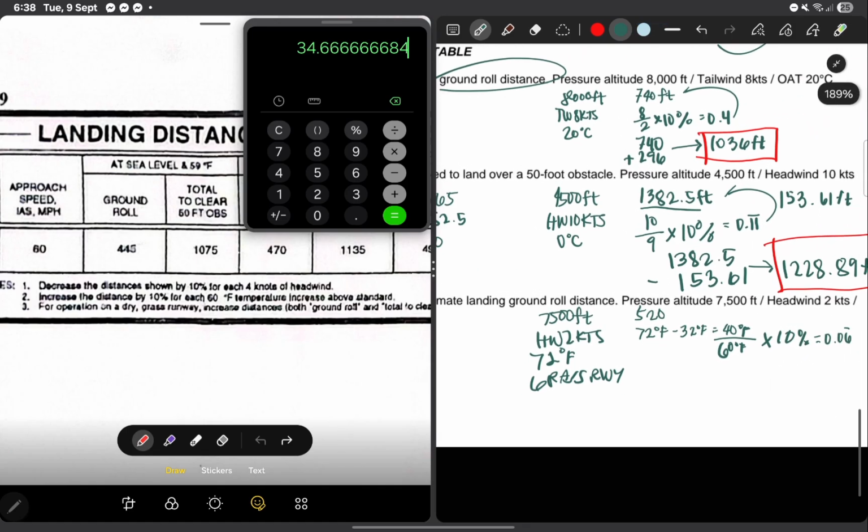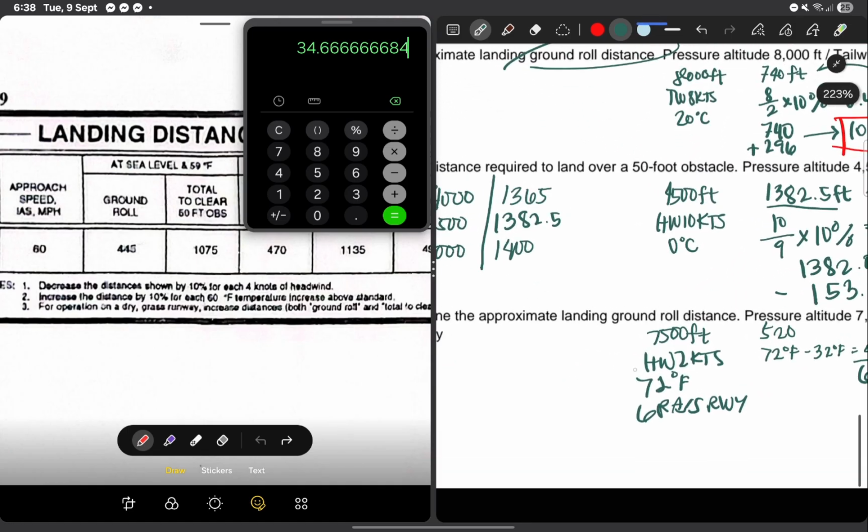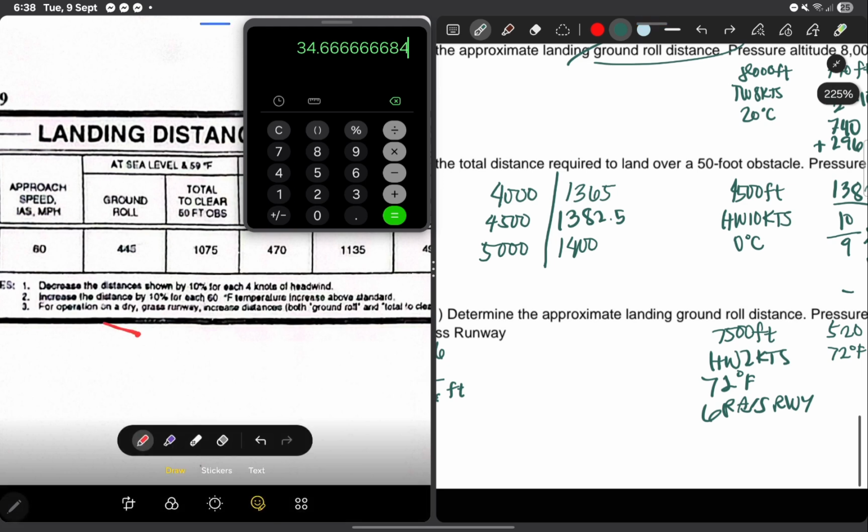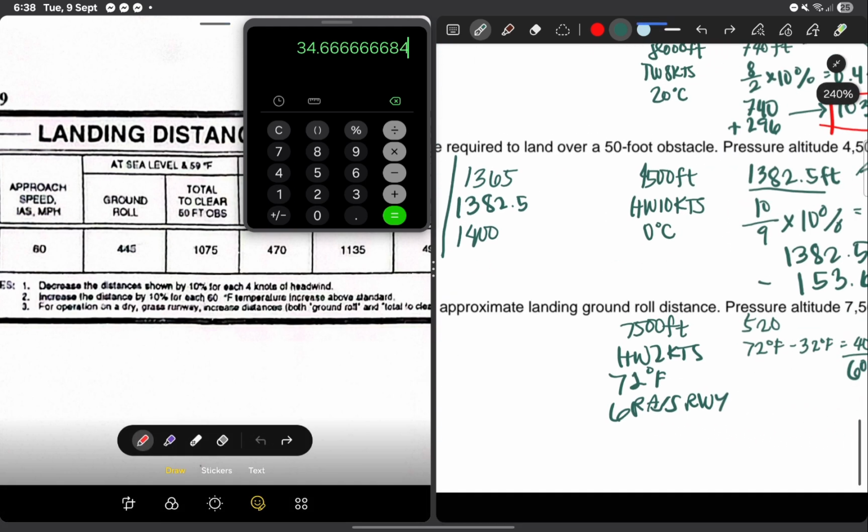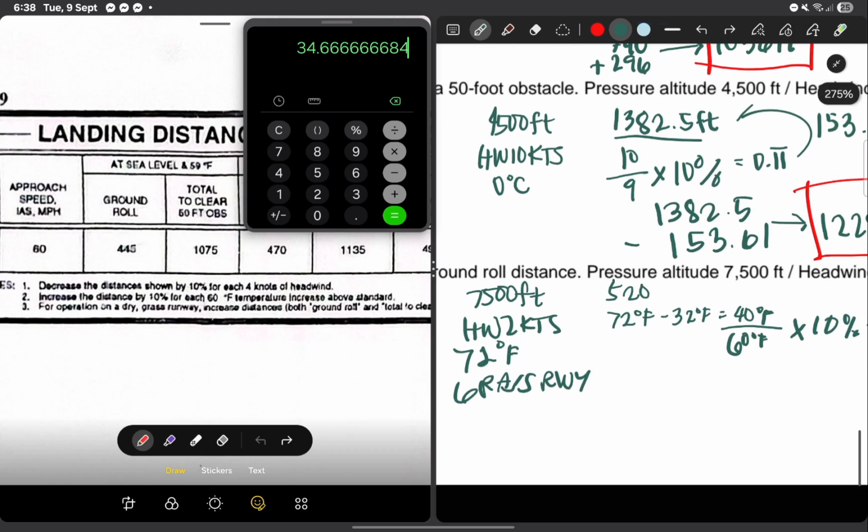After that, we need to take into consideration our headwind. So let's read it here. Number 1, decrease the distances shown by 10% for each 4 knots of headwind. So we're going to have a formula here: 2, because our headwind is 2, over 4 multiplied by 10%, for each 4 knots of headwind.